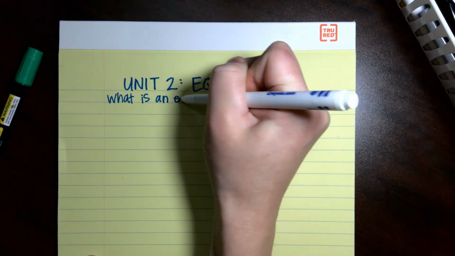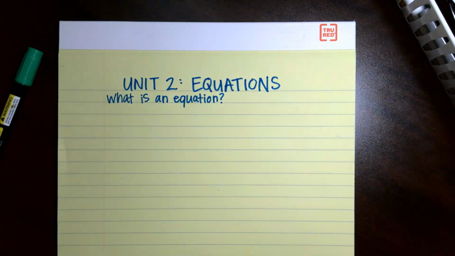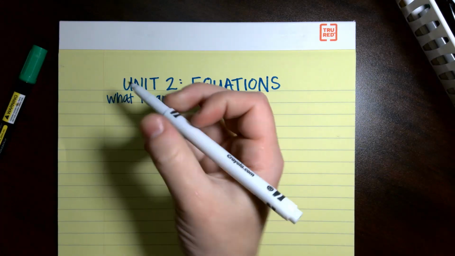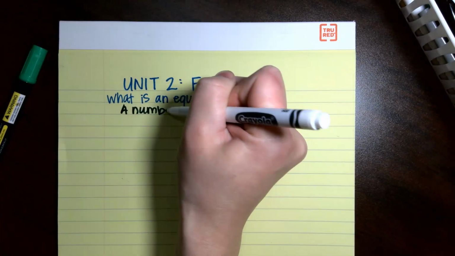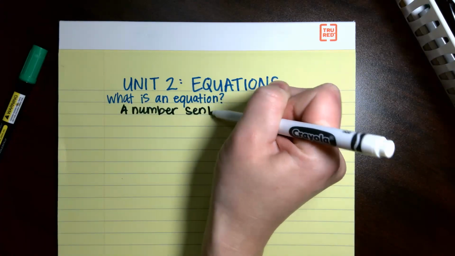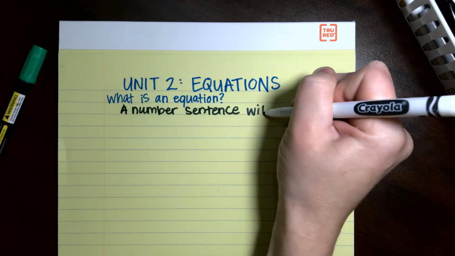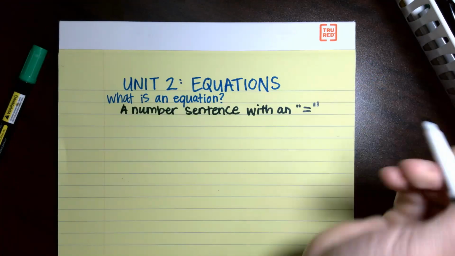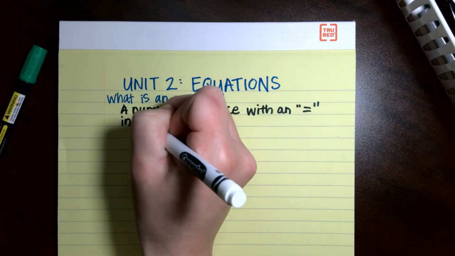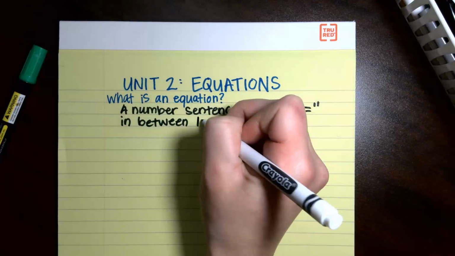What is an equation? The way that I like to describe it is a number sentence with an equal sign in between two equal values.